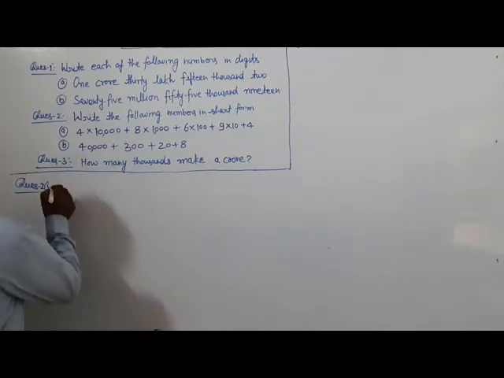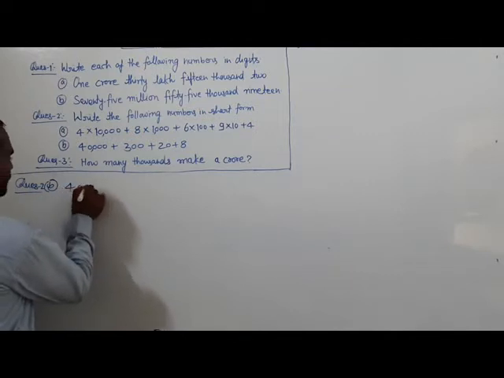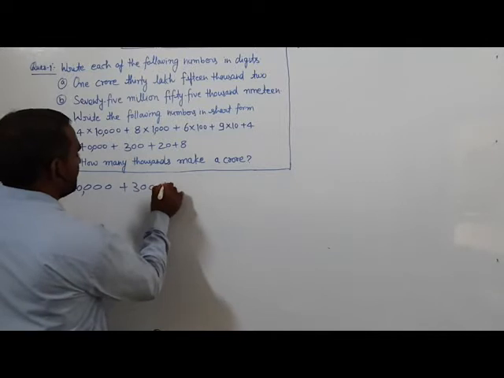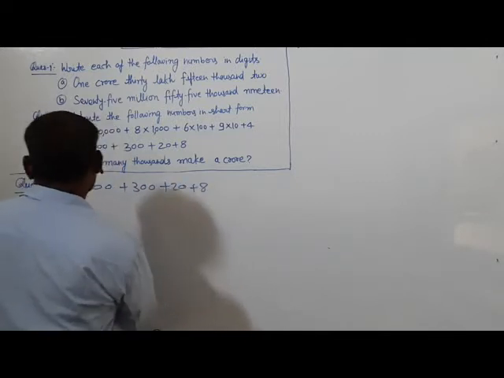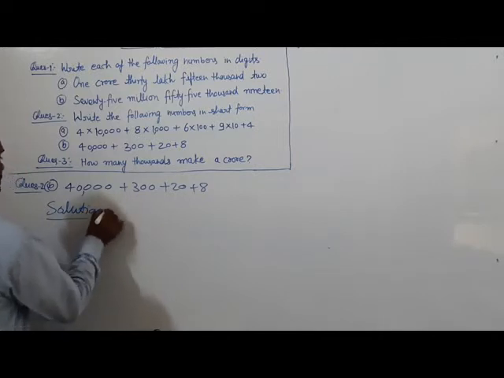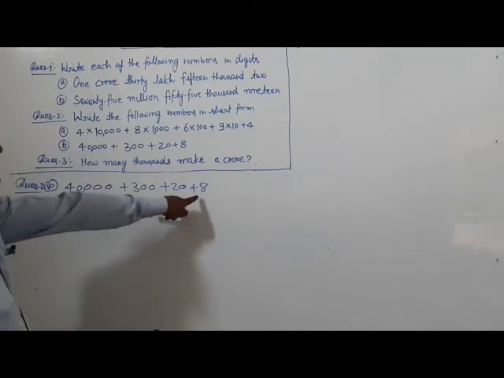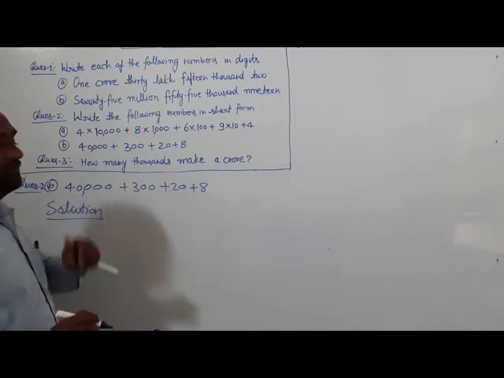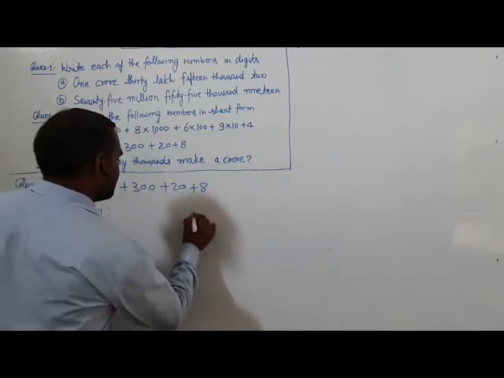Now we solve option B. B is 40,000 plus 300 plus 20 plus 8. So we solve it. The ones place is 8, the others are 0, so we write 8.